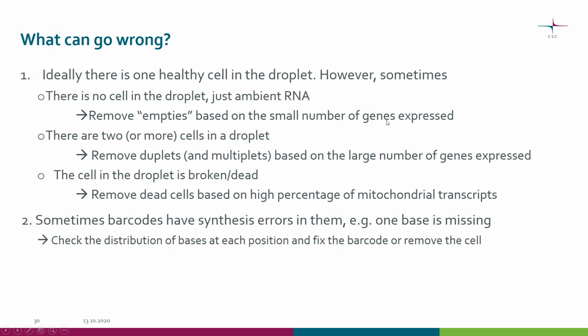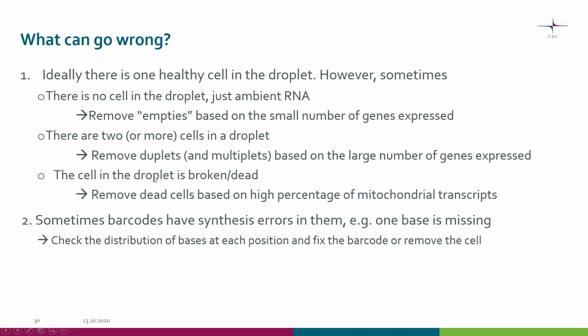So the number of genes detected would be very low, and hence we can decide that that was not a real cell, but a so-called empty. And we want to remove these empties. It can also happen that in a droplet we actually get two cells or even more cells. The way to detect these doublets or multiplets is again the number of genes expressed. If it's very large, much larger than the average number of genes expressed per cell, then we can guess that it's a doublet and we will remove it.